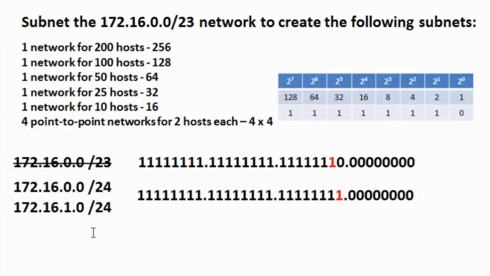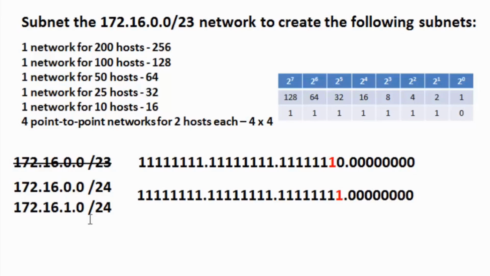This creates 2 networks, 0.0 and 1.0, each subnet having 256 addresses, or 8 host bits. Notice how the subnet mask has changed from /23 to /24, and I now have 2 256 host subnets.